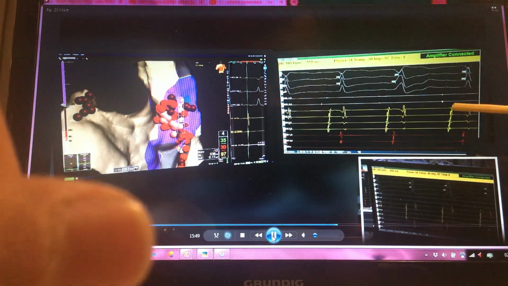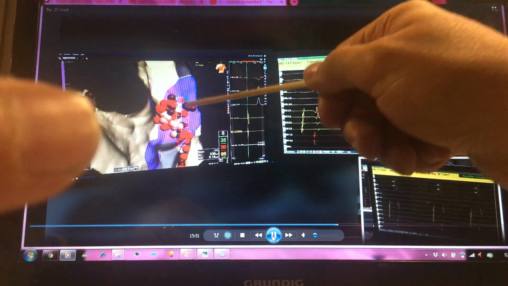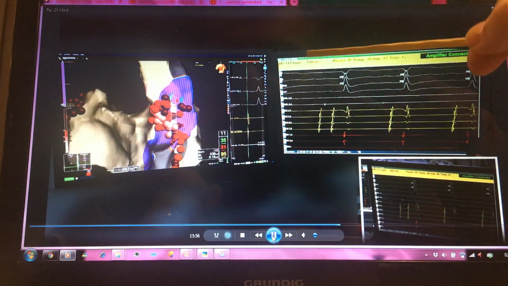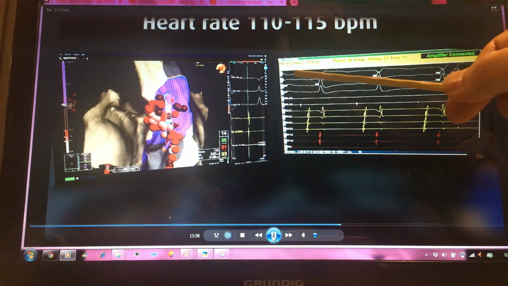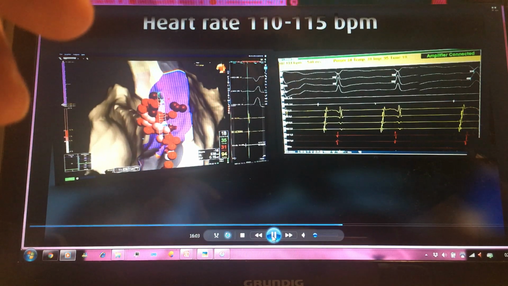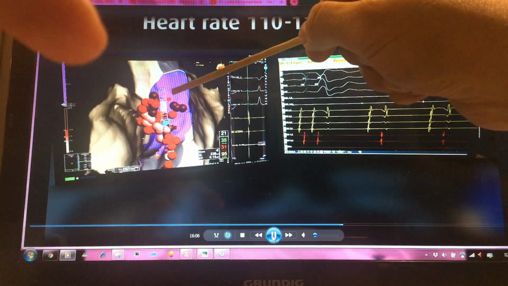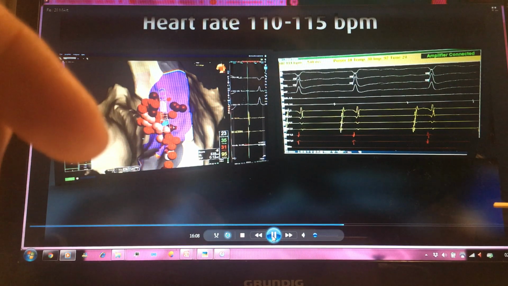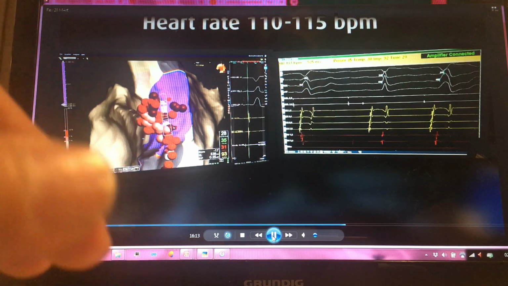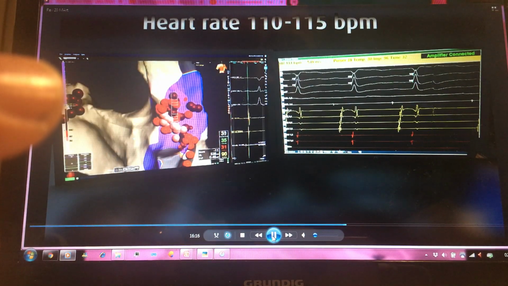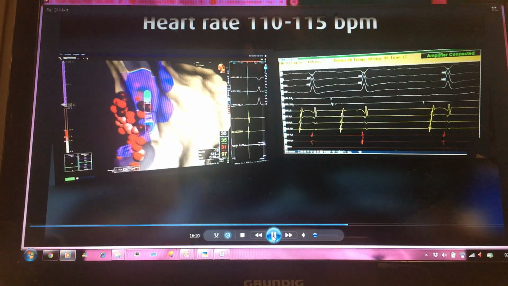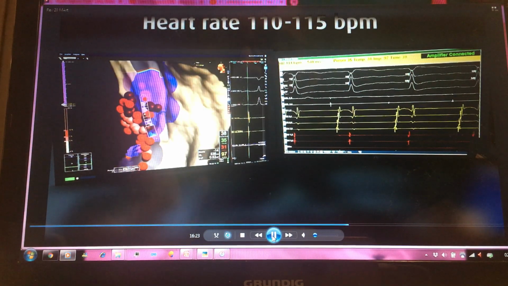So we started ablation. This is the first ablation point. Please look at heart rate now, 110 BPM after just 2 additional lesions, one of here, one of here. Amazing. We try to get in touch with left atrial lesions.